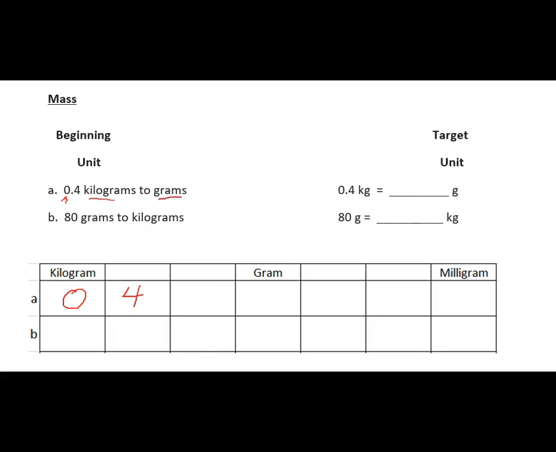We are converting it to grams, so that's where my decimal point will go on the right-hand side, and I will fill in the missing boxes with zeros. Now I can ignore this 0 at the start, and this tells me that 4/10 of a kilogram is the same thing as 400 grams.